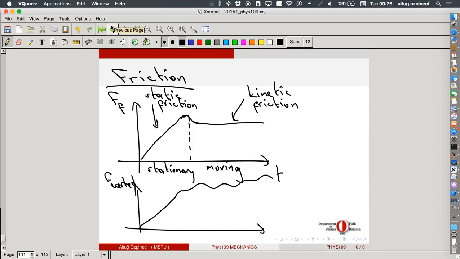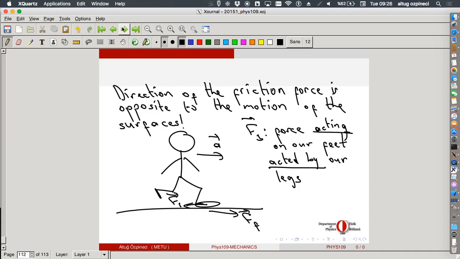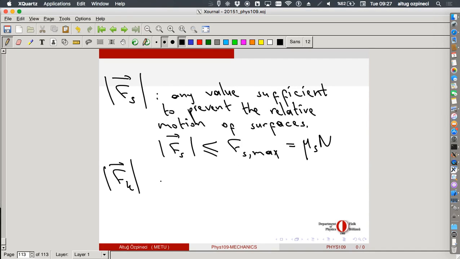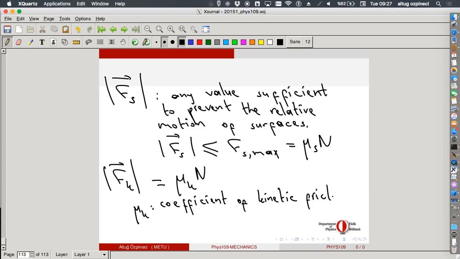Although I'm changing the force that I exert, or although the object is moving at different speeds at different times because it will be accelerating, the kinetic friction force will not change its magnitude, and its magnitude is always equal to mu k times N. Mu k is the coefficient of kinetic friction and mu s is the coefficient of static friction.